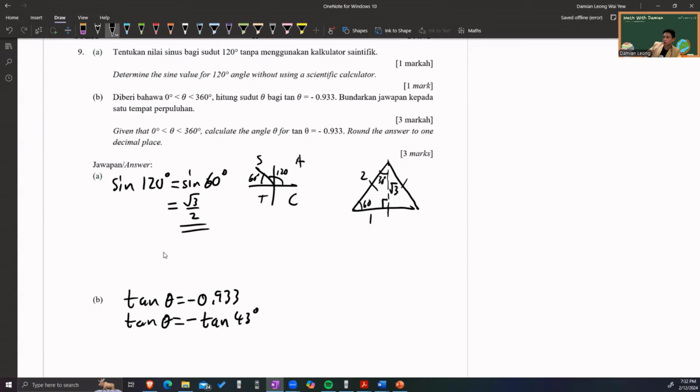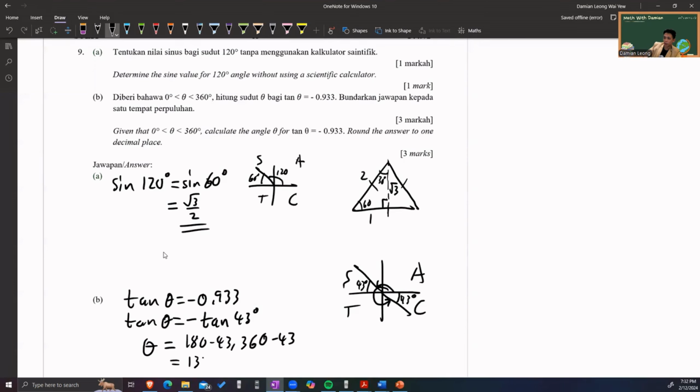Okay, so sketch the quadrants. ASTC. Tangent negative means S or C. Reference angle is the 43 degrees. So I want the general angle, this angle, and until here. Means theta is either 180 minus 43 or 360 minus 43, which is 137 degrees or 317 degrees.